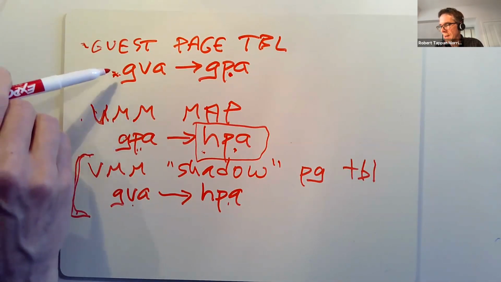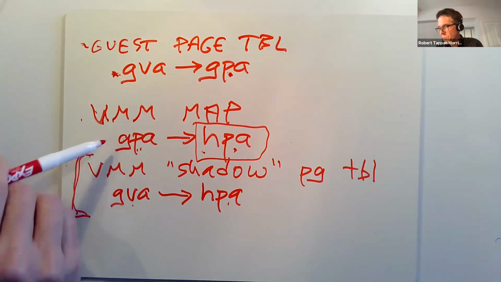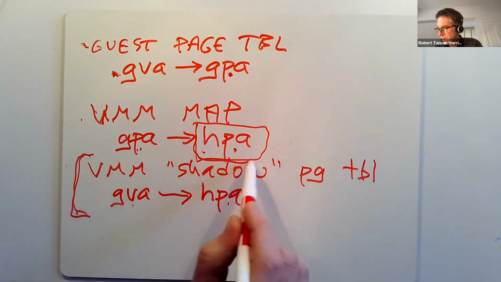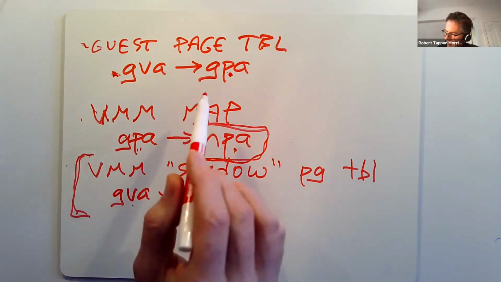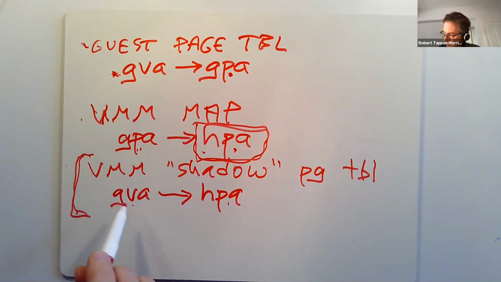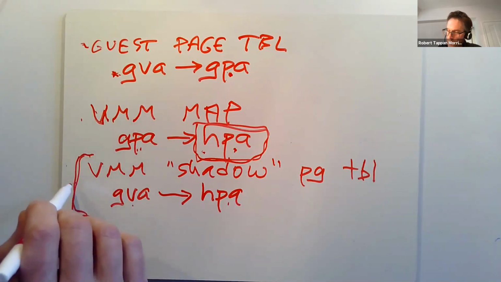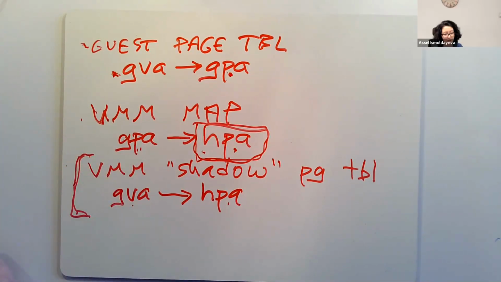It translates the physical address in each guest page table entry through this map to get a real physical address, or to cause a real fault if the guest is trying to use a physical address that it's not allowed to. And then the virtual machine monitor installs this shadow page table in the real SATP and returns back to the guest. Oh, okay, I see. Okay, thank you.